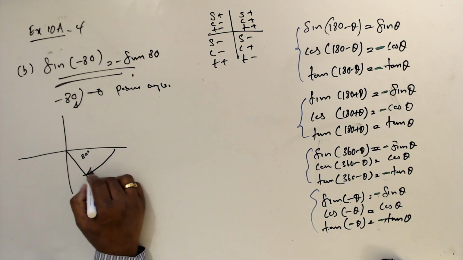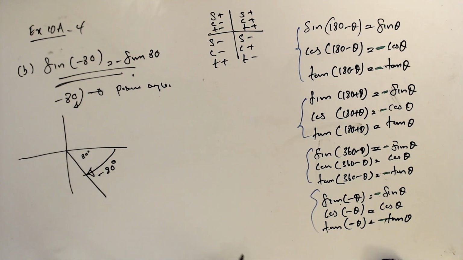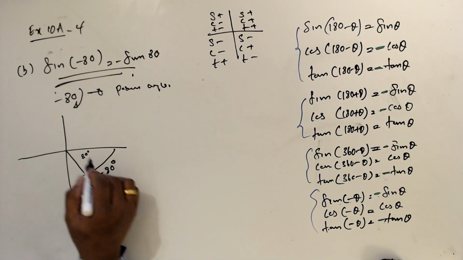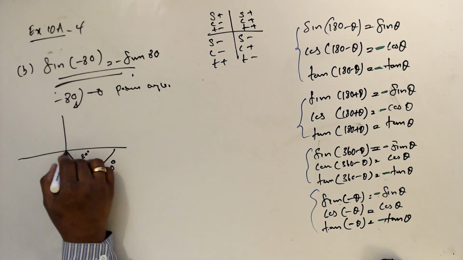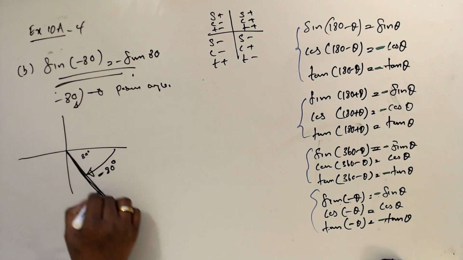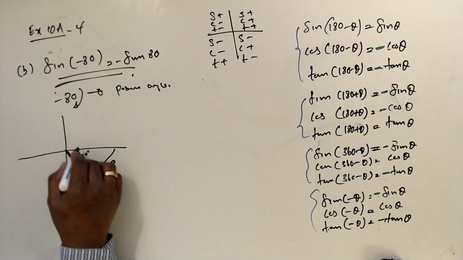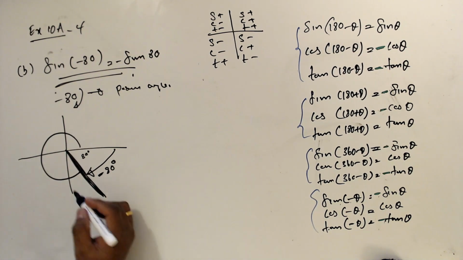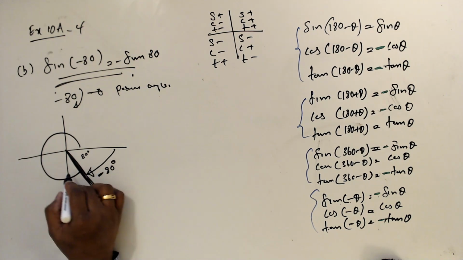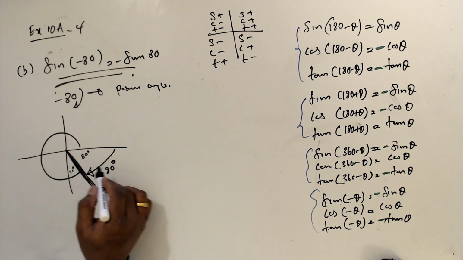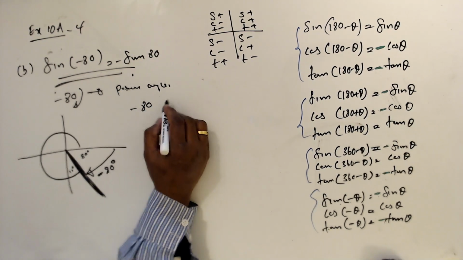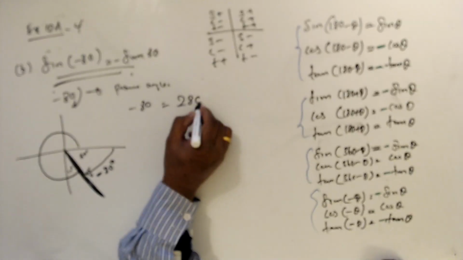When you measure from here to here, it is minus 80. Minus 80 is the same as 280 positive.